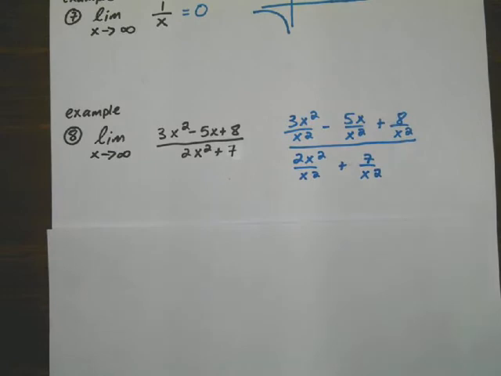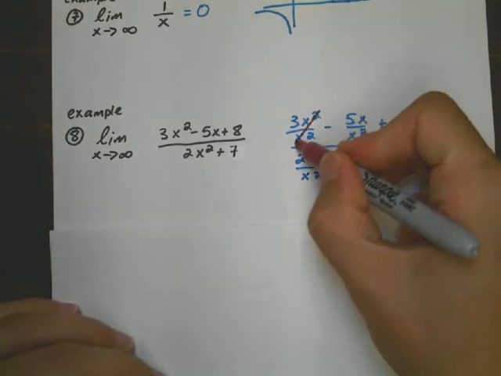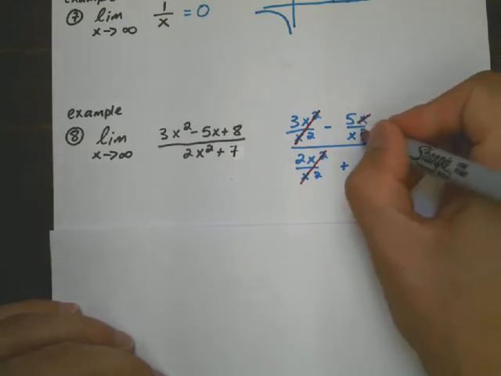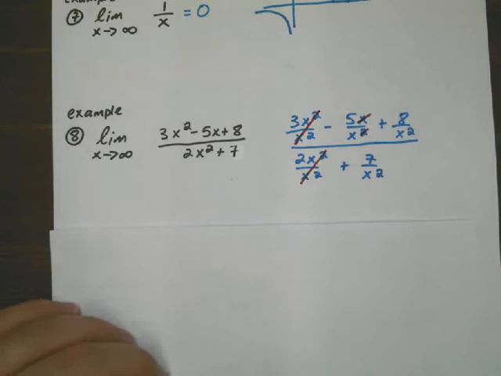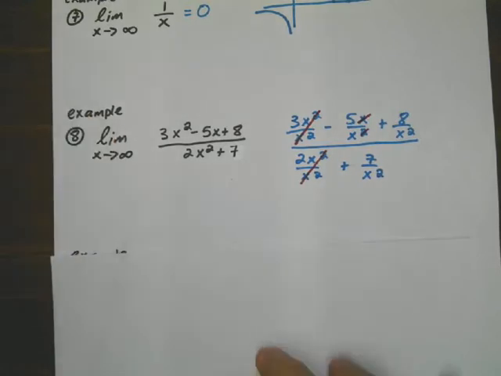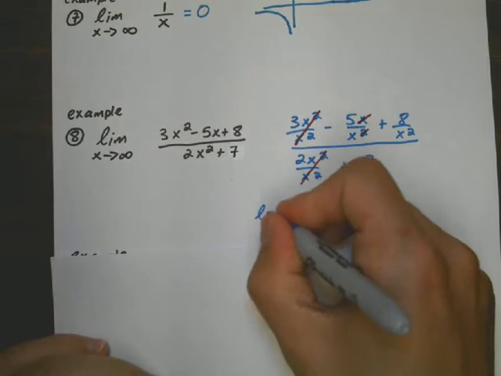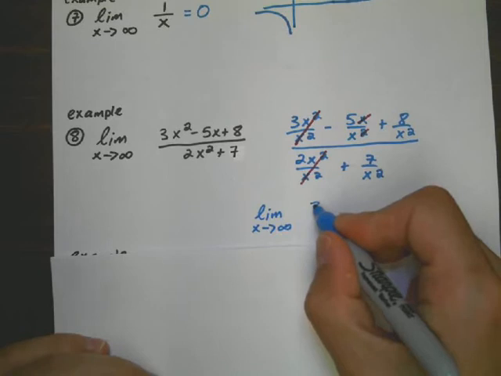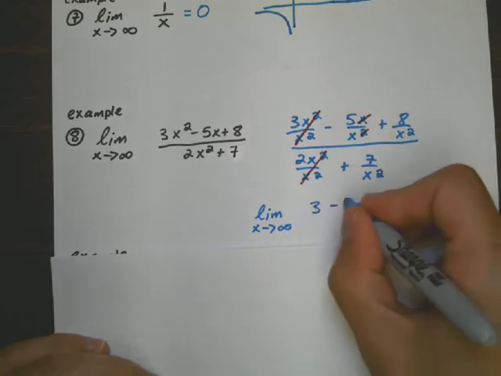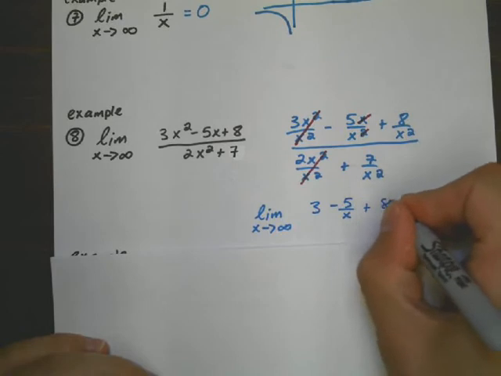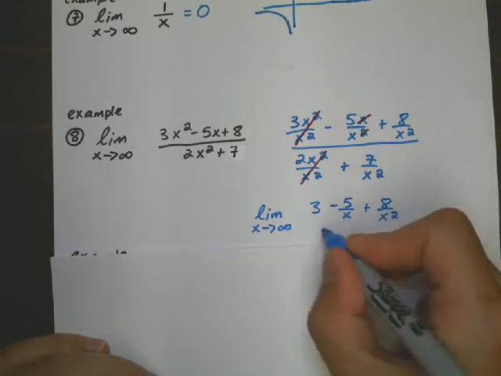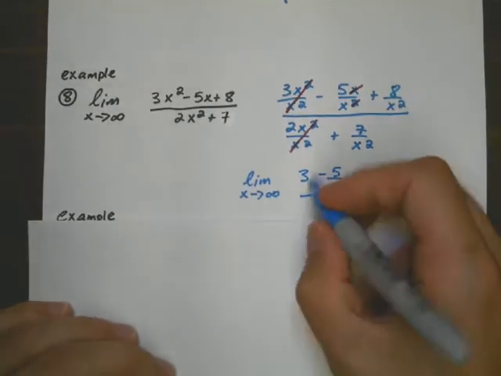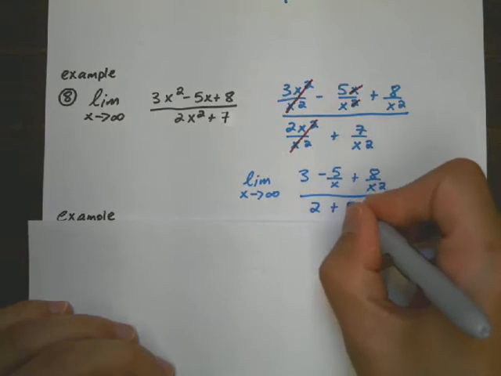This reduces out, this also reduces out, this reduces to just x to the first power, and everything else stays the same. Rewriting, I have the limit as x approaches infinity of 3 minus 5 over x plus 8 over x squared, over 2 plus 7 over x squared.